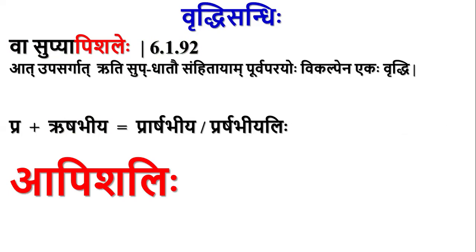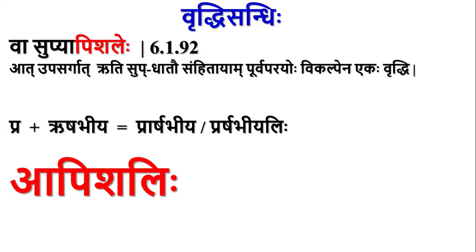Apishalehe. In the sutra, we find the word apishalehe. This is the shashti of apishali. Why apishali? This Apishali is a grammarian prior to Panini Maharshi. So Maharshi has mentioned his name in this sutra to show his respect to him or to give him credit, because in his works he might have mentioned this rule.